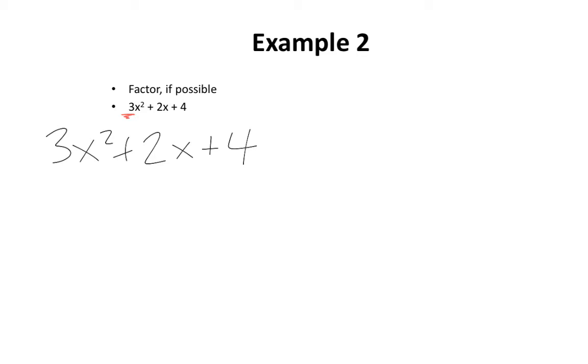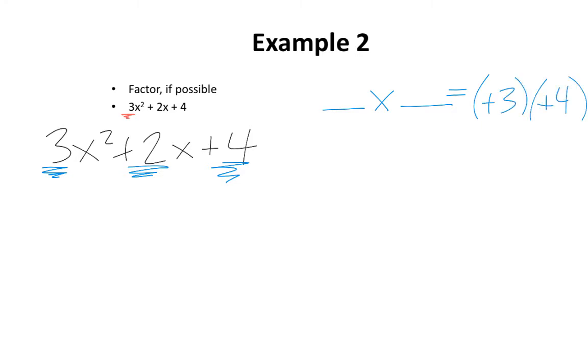Therefore, I want you to take a close look at the coefficient of 3, the coefficient of 2, and the constant of 4. You want to think of two numbers that when multiplied together will give you the product of positive 3 and positive 4, and that is positive 12.